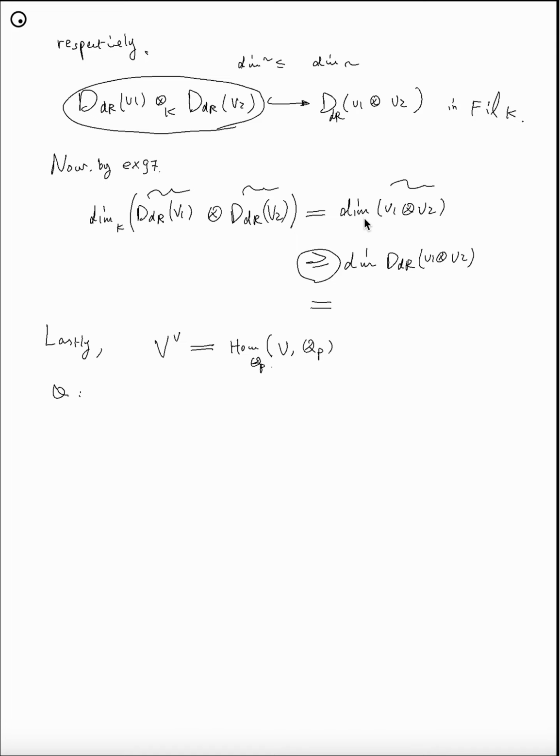The question is whether D_dR of V dual is isomorphic to the dual of D_dR of V, as filtered K vector spaces.